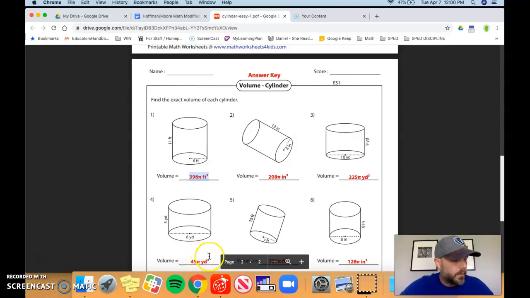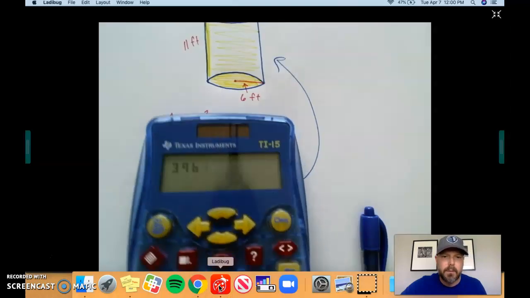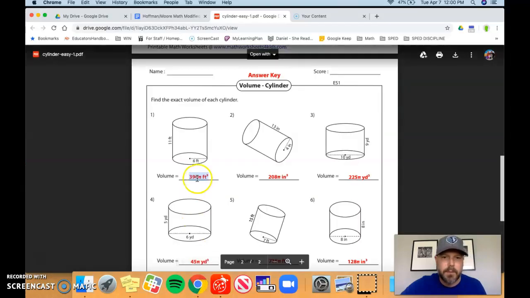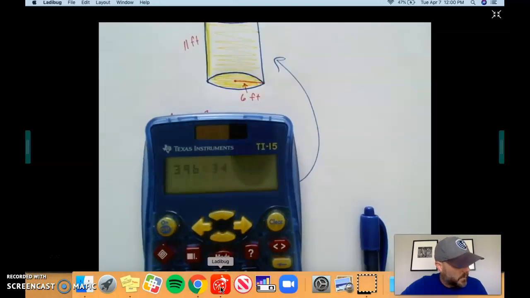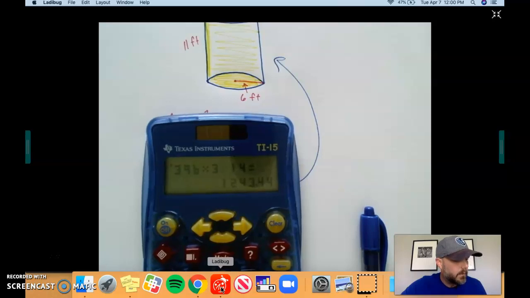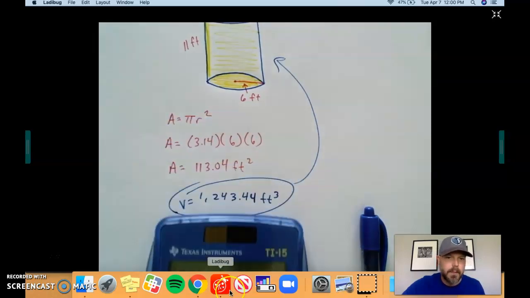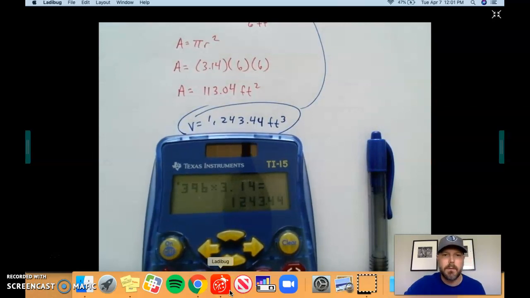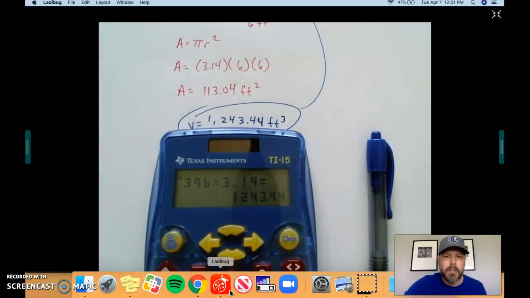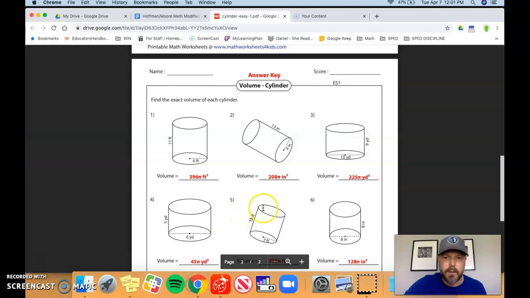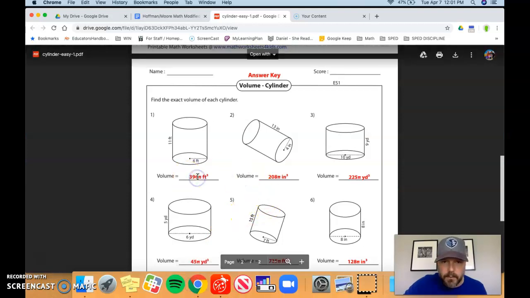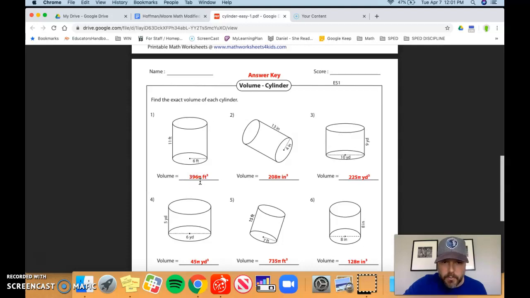We did 3.14 times 6 times 6, but if you take that 396 like they have, times pi, times 3.14, look at what you get. And isn't that what I got for my answer? Okay? So when you check your answer, go ahead and just take the number that they give you, like this 396, times 3.14, and that should match what you have, okay?